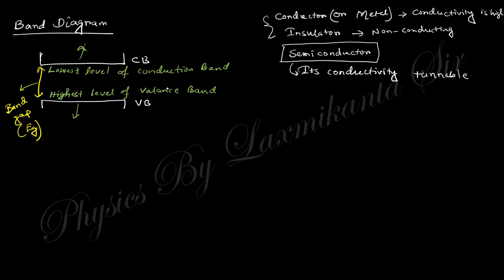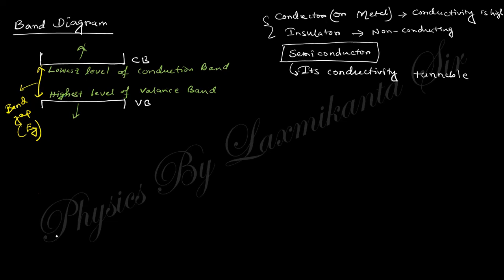In a conductor, the conductivity is high, so it is not tunable, and in an insulator the conductivity is very low, which is also not tunable. But the semiconductor's conductivity is moderate, between conductor and insulator. That's why we can control or tune the conductivity of this material, and we can use it in any device where we need to control the conductivity. That is the beauty.